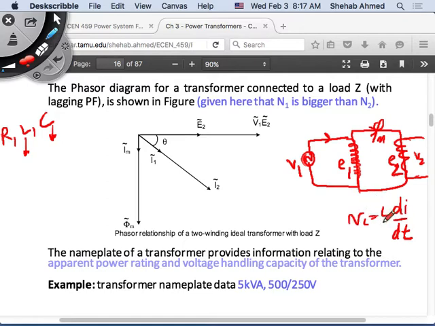So which is going to be leading, which is going to be lagging? Current lags, right? Because current in this case is equal to 1 over L times the integration of the voltage. You will take small pieces of the voltage and build up your current. So current will always lag the voltage. You have to have voltage there to start building up the current. You have to integrate the voltage to do that. So current will be lagging.